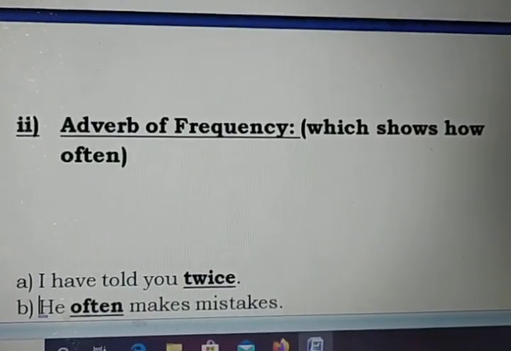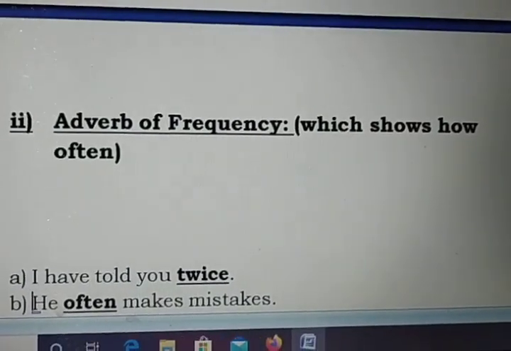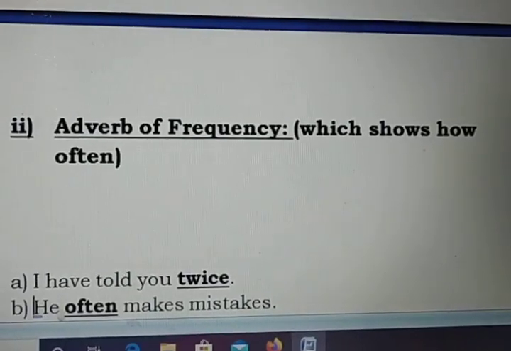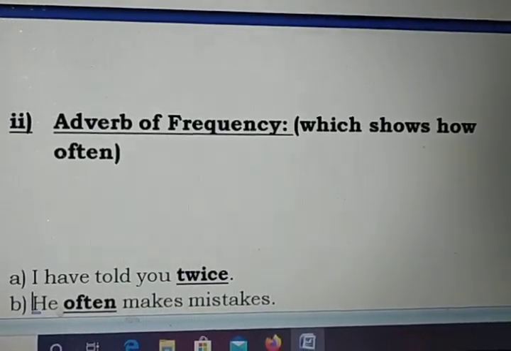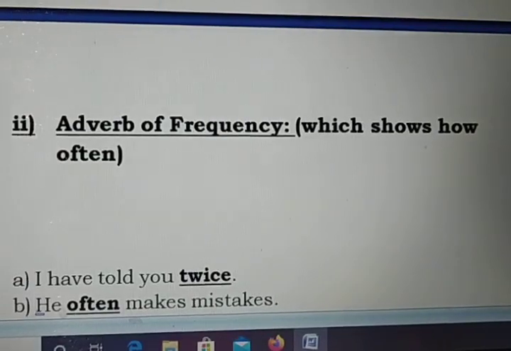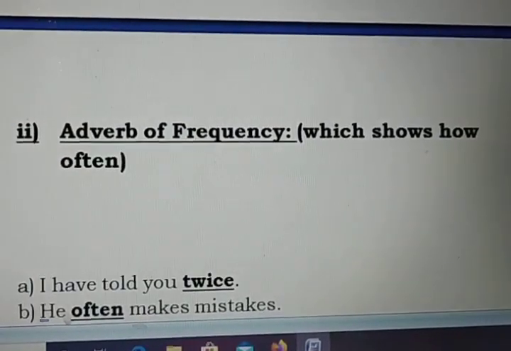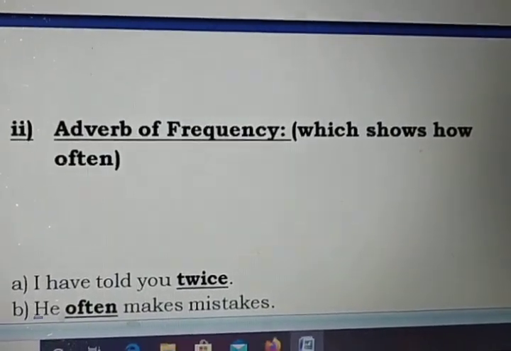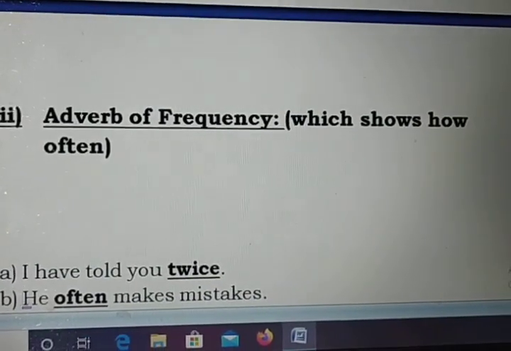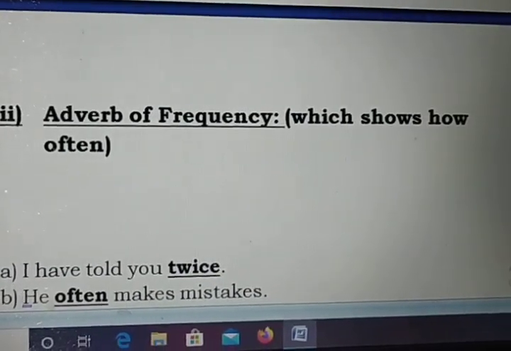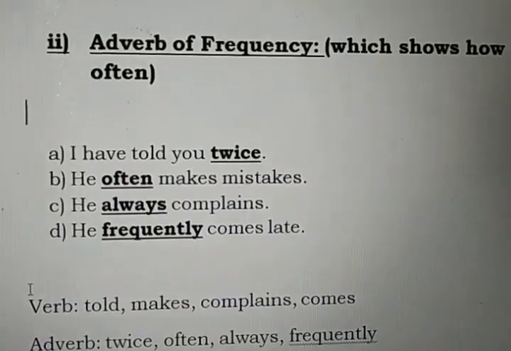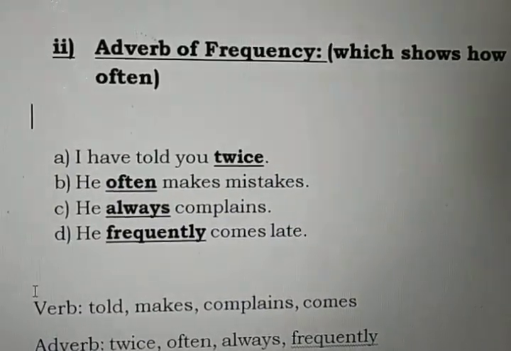Next type is adverb of frequency, means which shows how often the action or activity is done. How often the action is done is told by adverb of frequency. Let's see its examples.